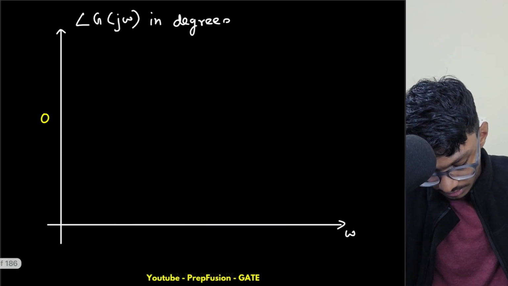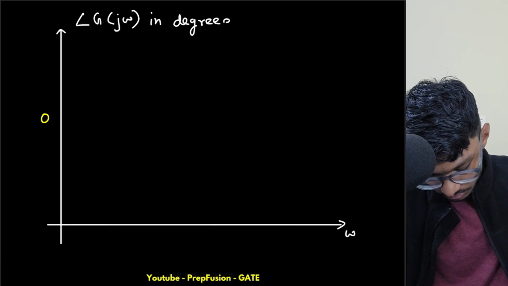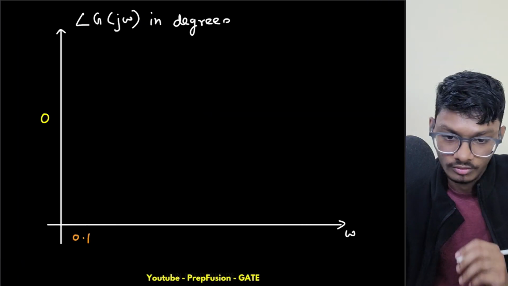Let's start from 0.1. Before 0.1 it is constant, obviously.